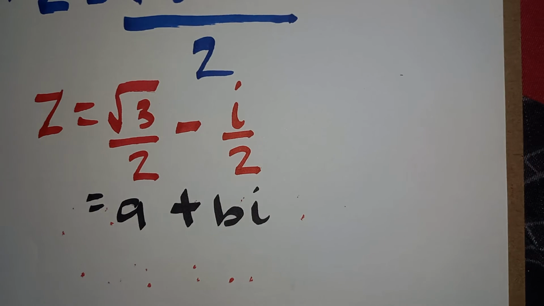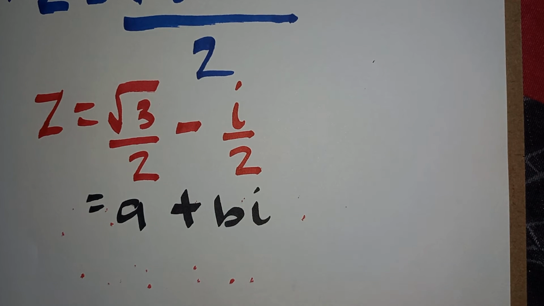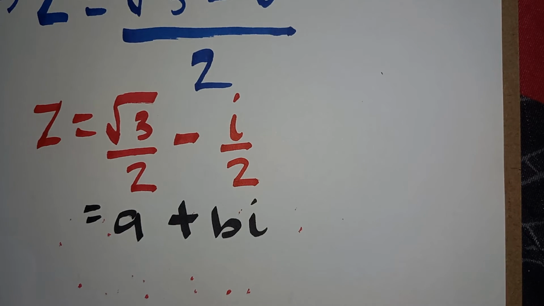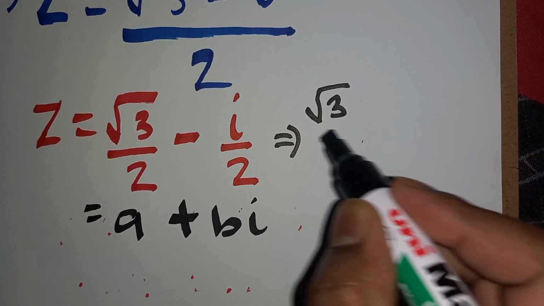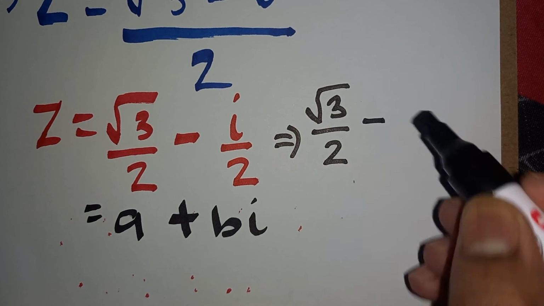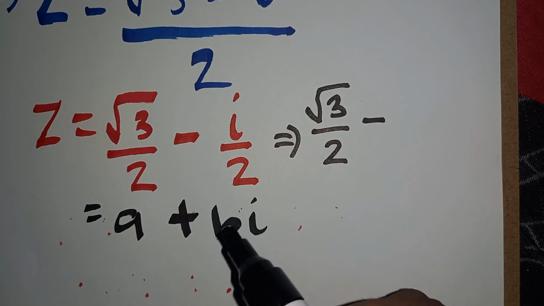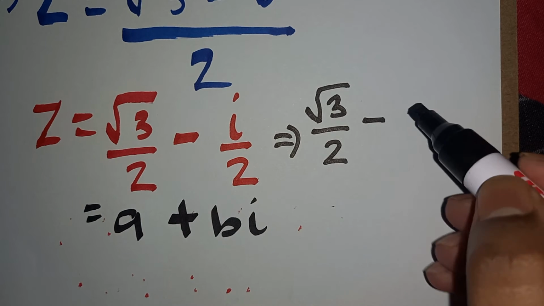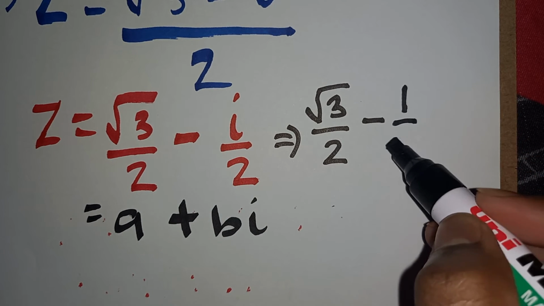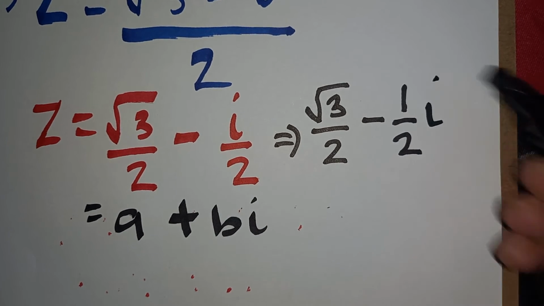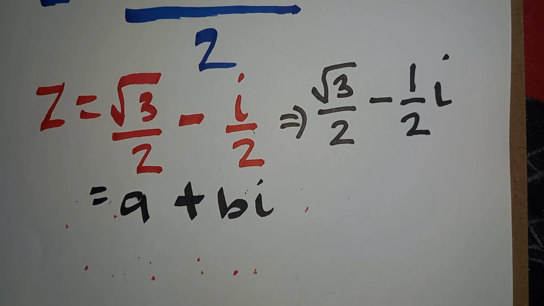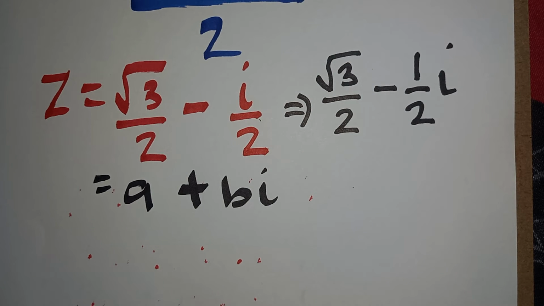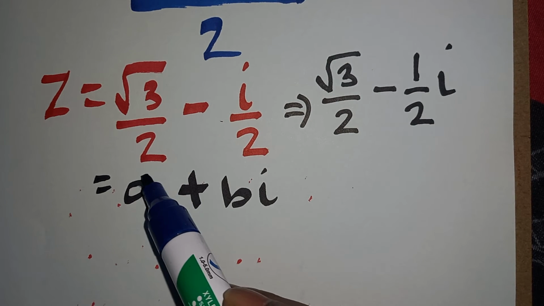Okay, and just to make it more simple, this can be written as root 3 over 2 minus, we have a coefficient 1 here in front of i, so this can be written as 1 over 2 i. Okay, so now it is very simple to identify our real and imaginary part.